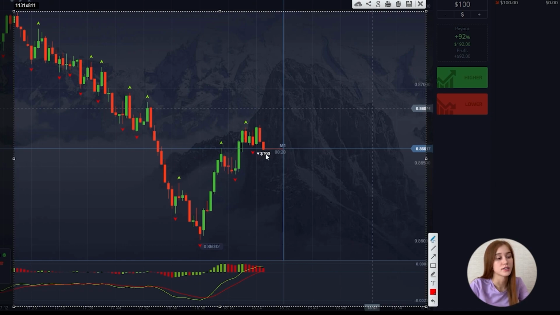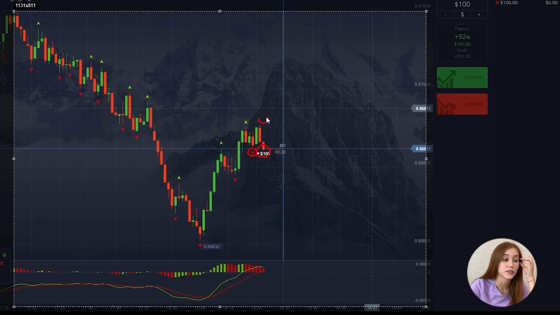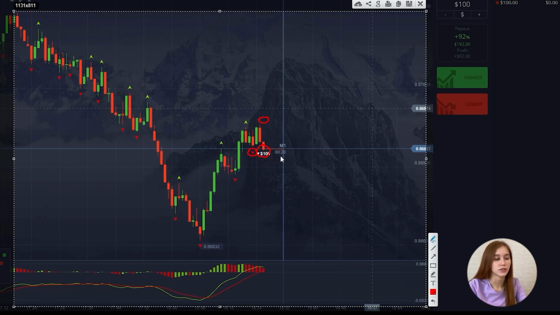In general, as I explained, before opening our trade, it's enough to look at which fractal was updated last, and it's desirable to see if the up fractal can still be updated. Here we really see that it can be updated. If a candle appears lower than this one, and accordingly, if the fractal is updated up, then the chart will move down.